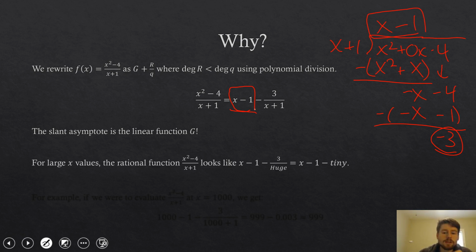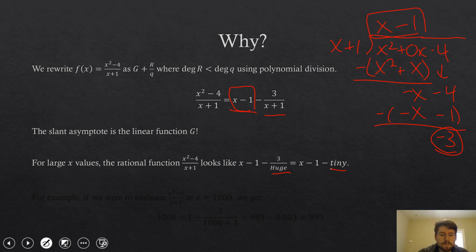If we plug in a large x value, then it's going to look like x minus 1, that value we plugged in, minus 3 divided by something huge. So that 3 over huge is really a tiny number. This part is going to be a very small number once we get big enough with our x's, and we don't have to go that far out for this number to be very small.